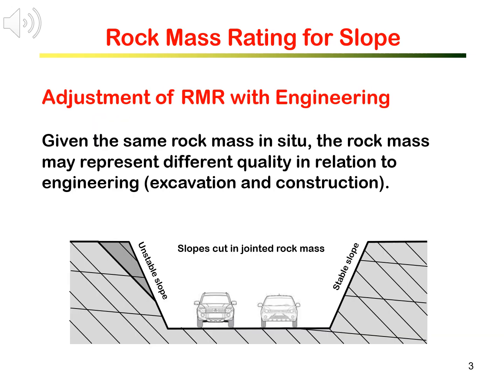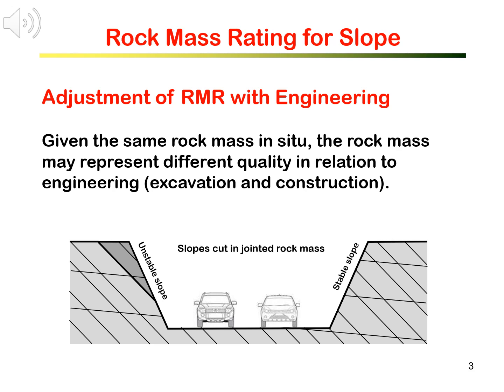Why is joint orientation so important in slope stability? Let's take a look at the illustration on this slide. Imagine here is a north to south running road. The road cuts the rock mass to form two slopes, one on the left and the other on the right side of the road.